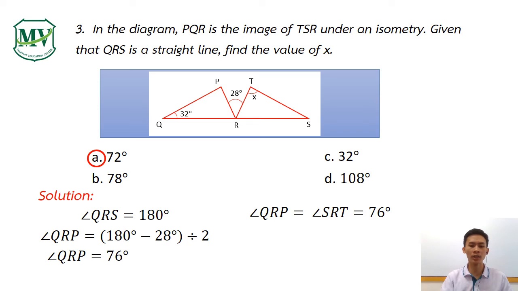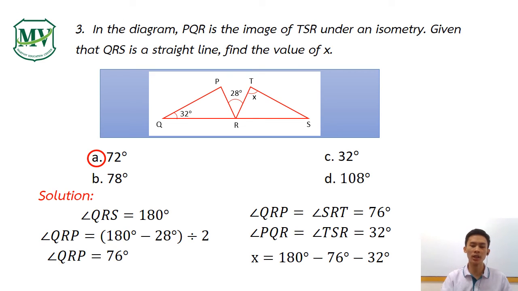And angle QRP is equal to angle SRT, which is equal to 76 degrees. Angle PQR is equal to angle TSR, which is equal to 32 degrees. So angle X is equal to 180 degrees minus 76 degrees minus 32 degrees. So that means X is equal to 72 degrees.